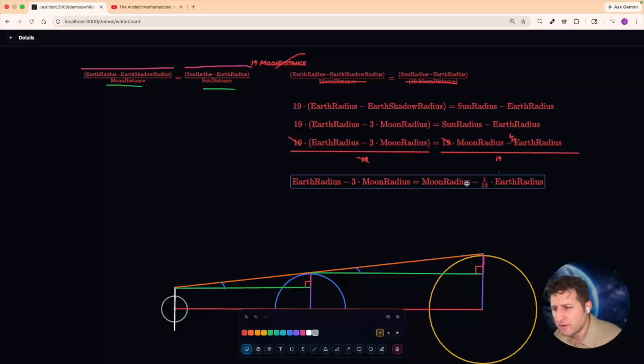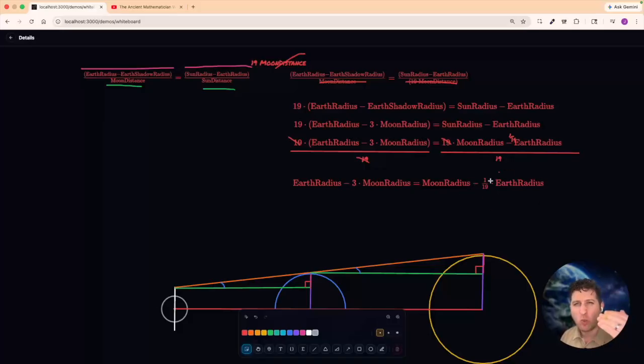So the simple way to move forward is just to look at this right-hand side of our equation. 1 moon radius minus 1 over 19 Earth radius is essentially a moon radius. This number is so small, right? Taking 1 over 19, it's a very small ratio. That means the amount you're subtracting from the moon radius is almost irrelevant.